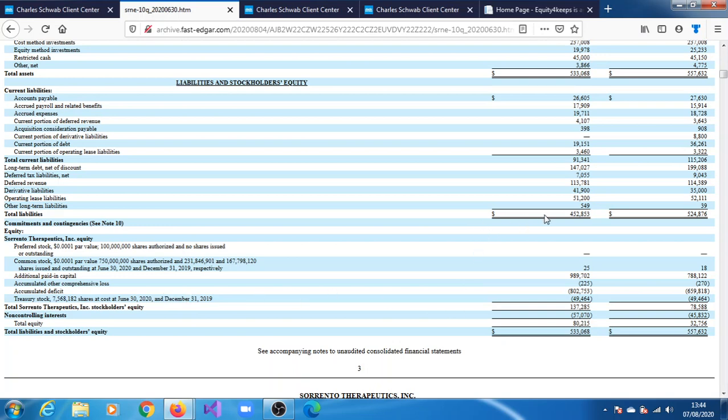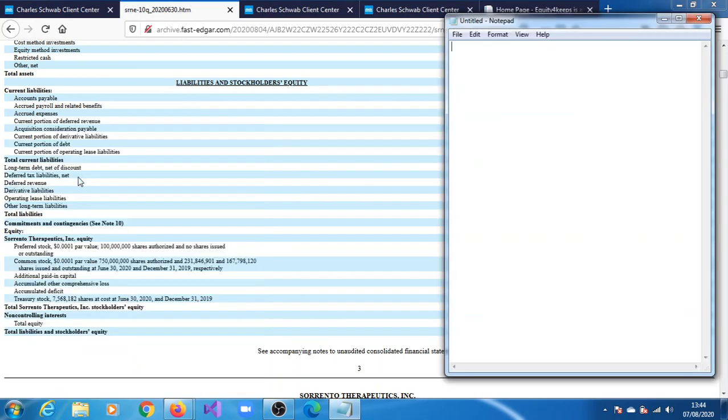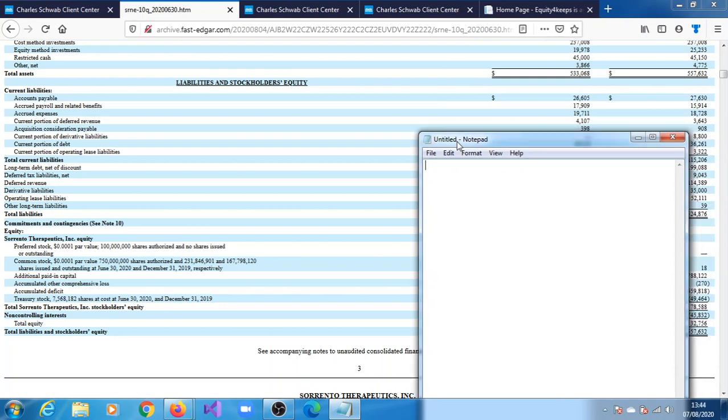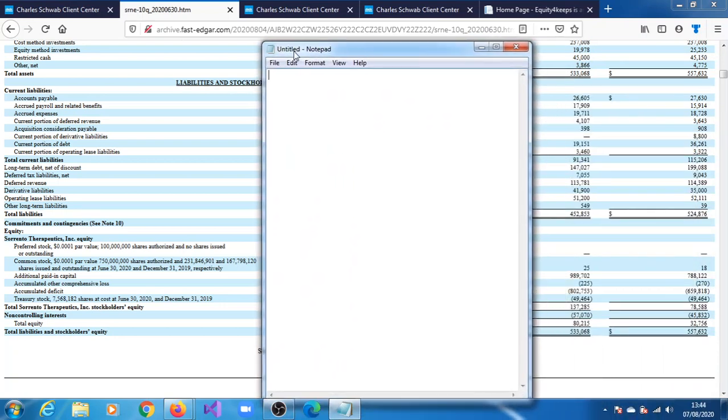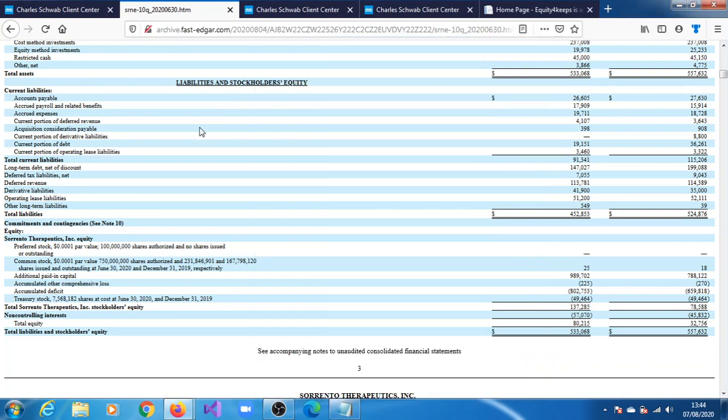We've indicated what that is. I think we have to type it out for you because sometimes the screen is not clear.